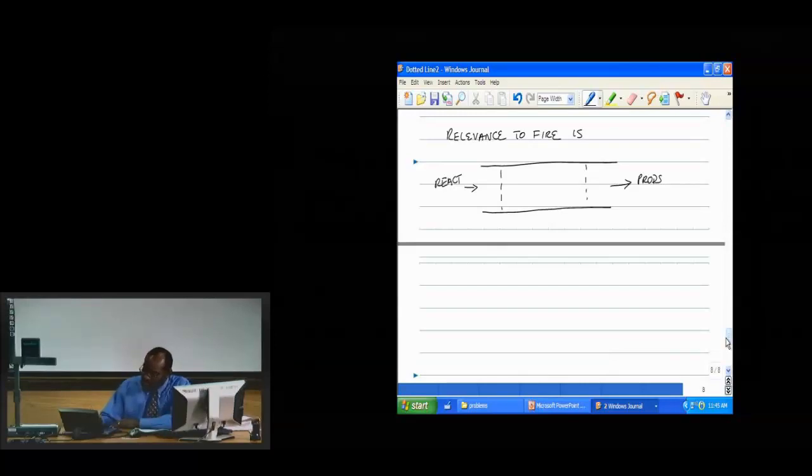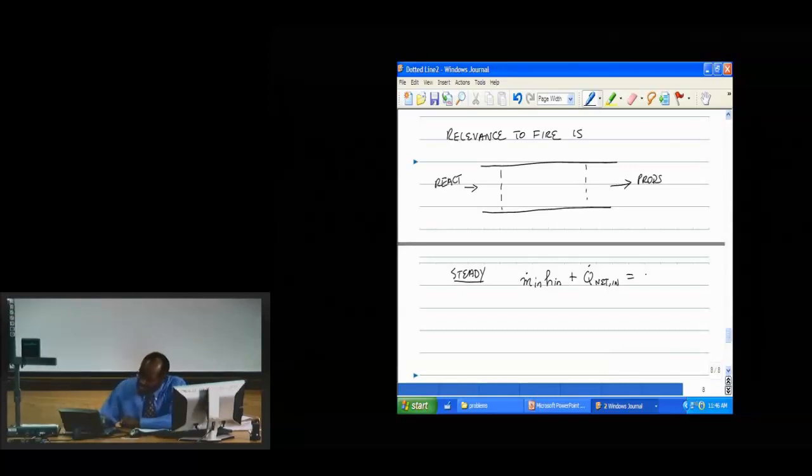So what the first law says for this problem is that m dot in H in plus Q dot net in is equal to m dot out H out. And now I'm going to play with this just a second.